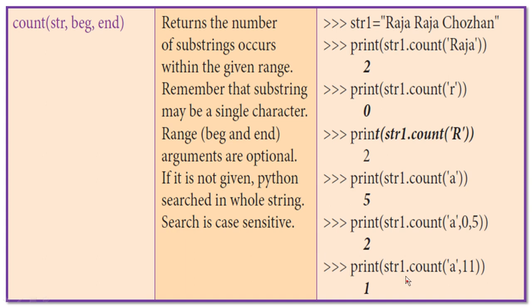And the final example, print str1.count of small a, 11. The searching starts from index 11. The starting value is C, starting from C. And the end value is not given here, so it searches the whole remaining string from Cholan.